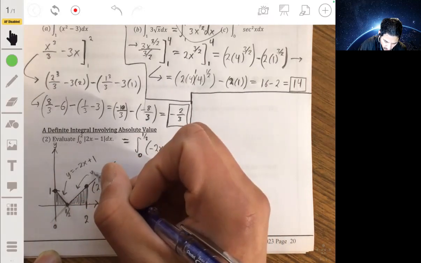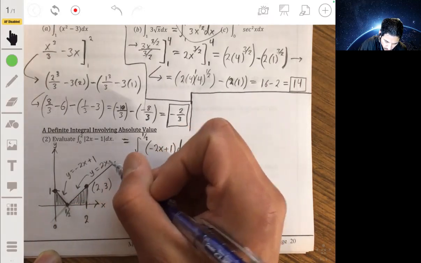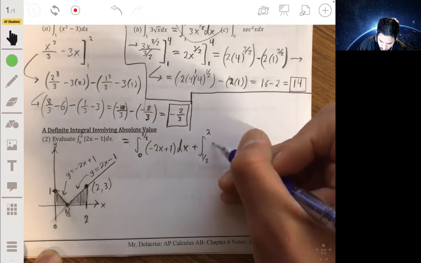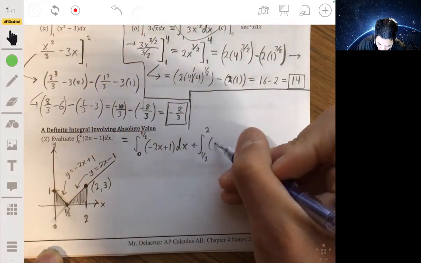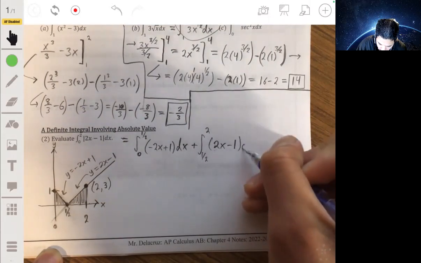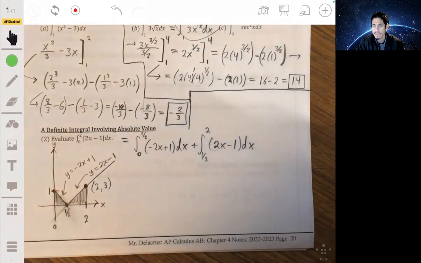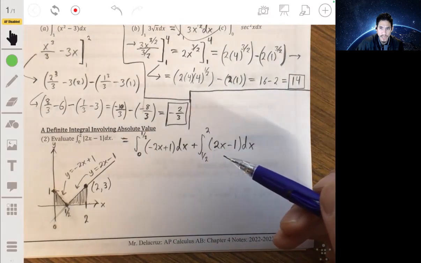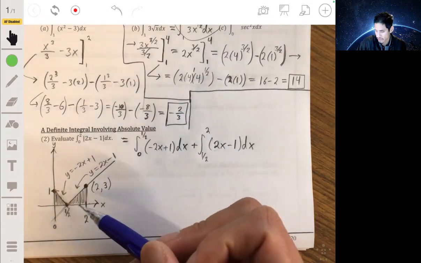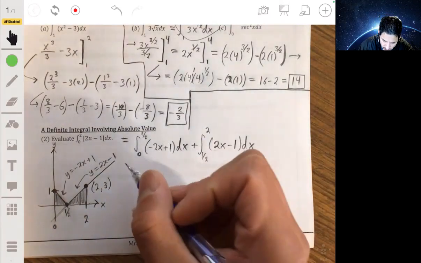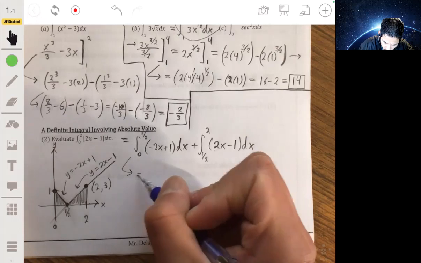So this line would over here be y equals 2x minus 1, dx. And then we can actually just evaluate this. But we can also, again, find the area of just those two triangles. Evaluating this is more fun.